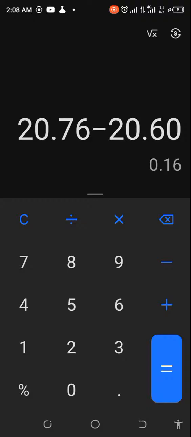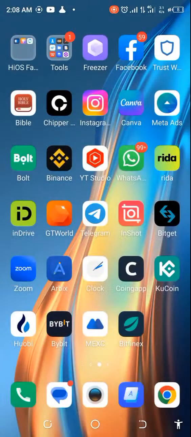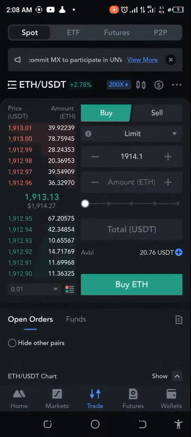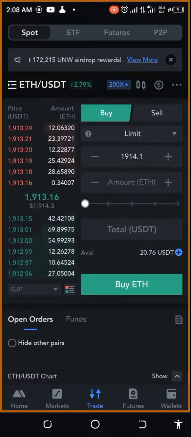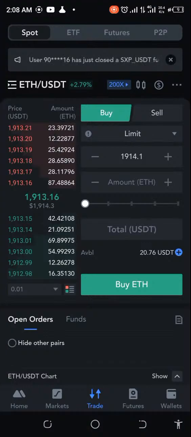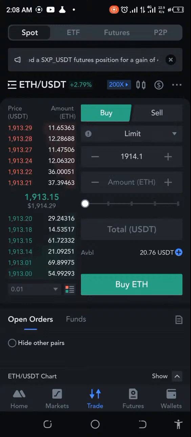So we had to sell back to ETH, and the price had shifted, also gone down. We had to wait for some time for ETH to get back to the 1,900s, right? Because we bought it at 1,898. So obviously, we can sell it back at any price lower than that. So we had to wait.